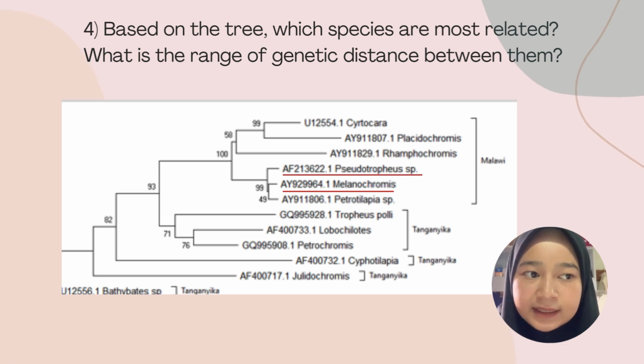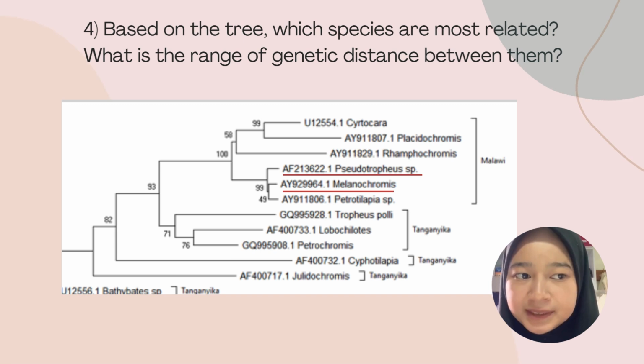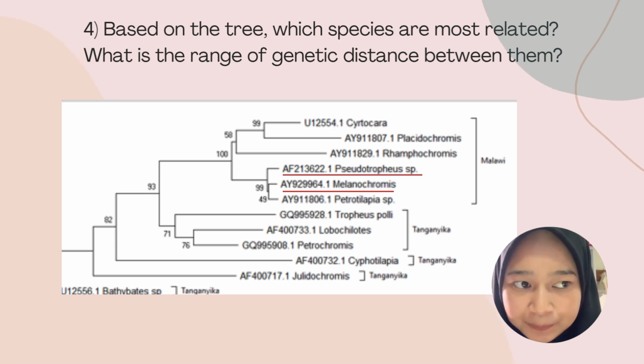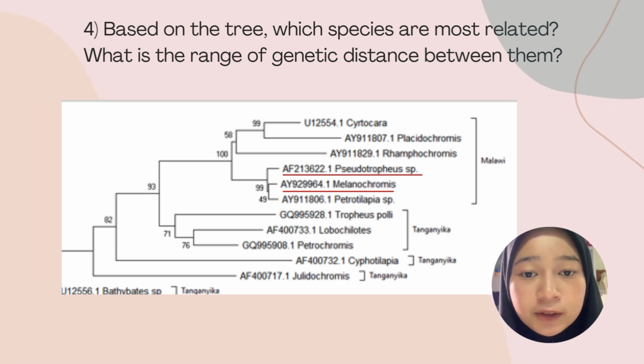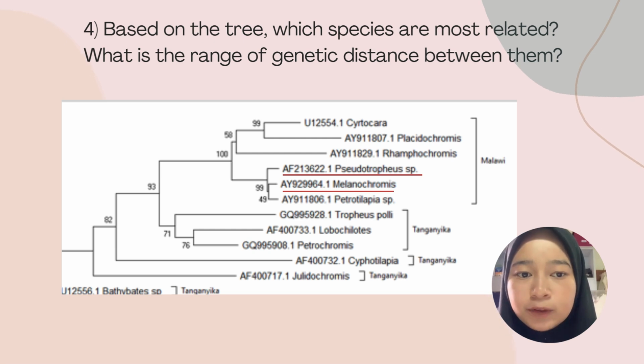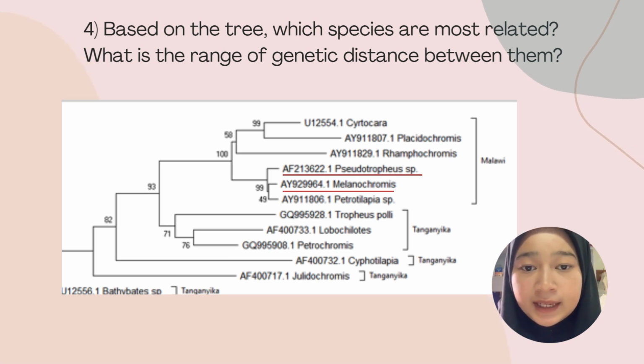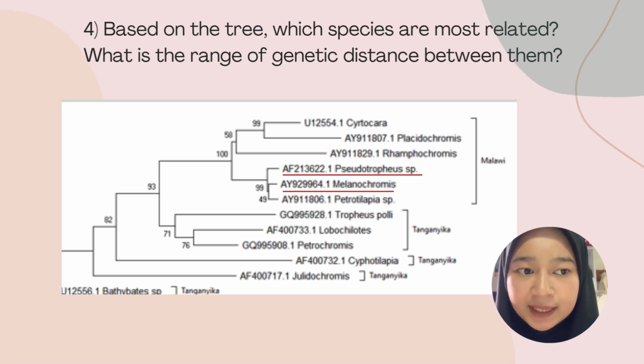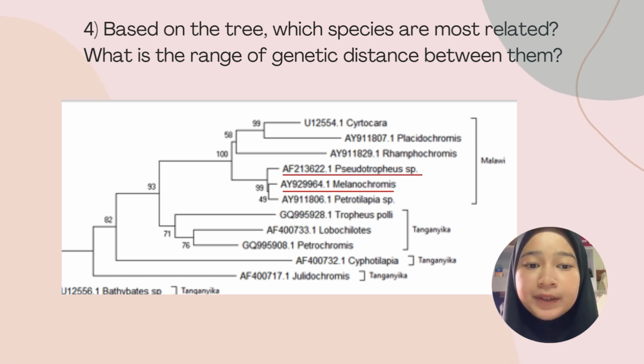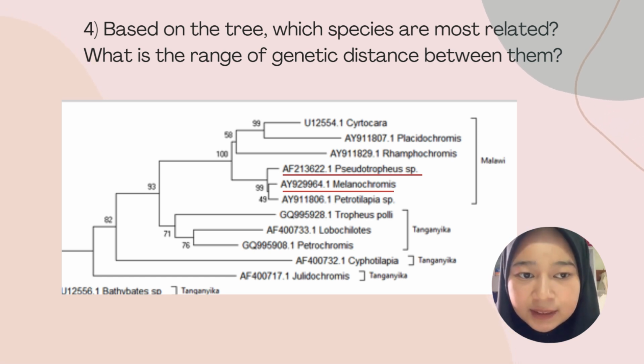Closely related species like Pseudotropheus and Melanochromis have a genetic distance of around 0.002 to 0.005, while more distantly related species such as Bathybates and the Malawi species show distances up to 0.04 or higher, indicating greater divergence. That's all for question 4.